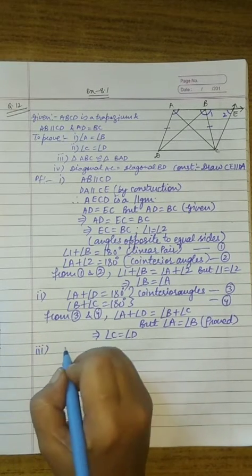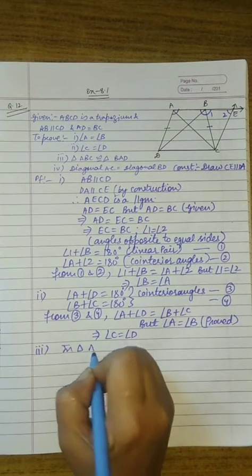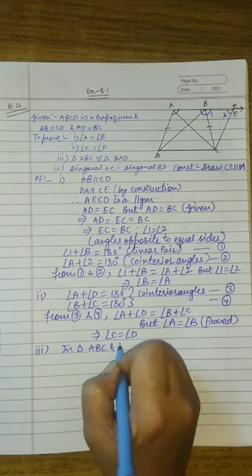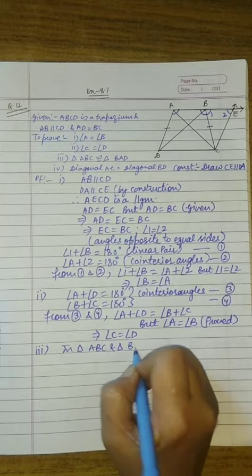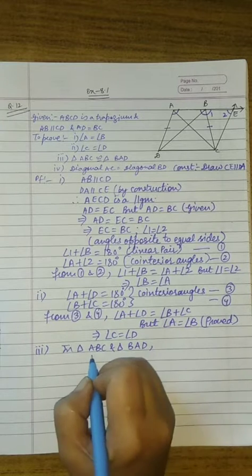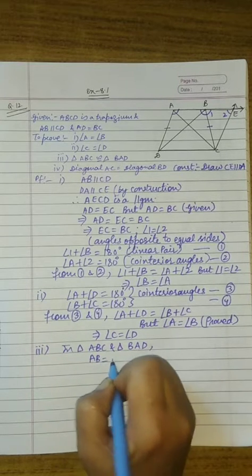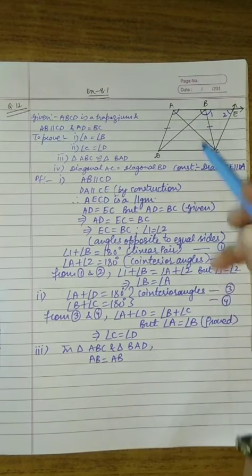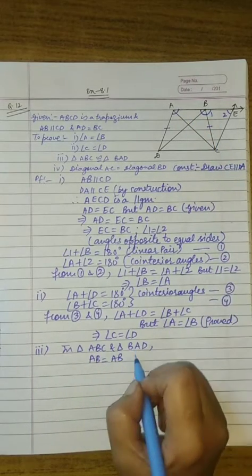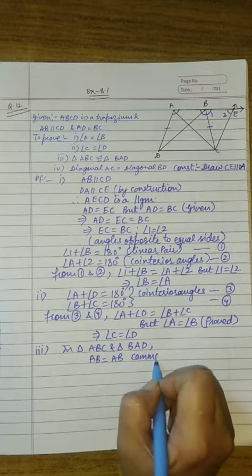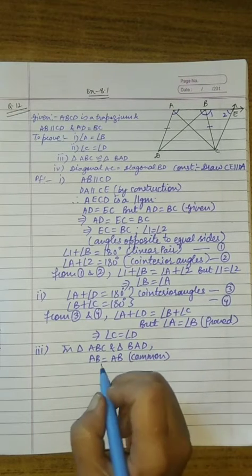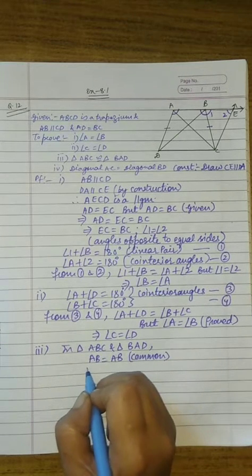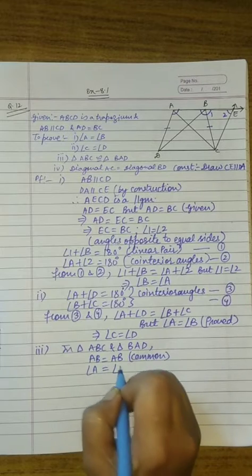In third part, we will take triangle ABC and triangle BAD. Here AB is equal to AB, AB is common, and angle A is equal to angle B, already proved.